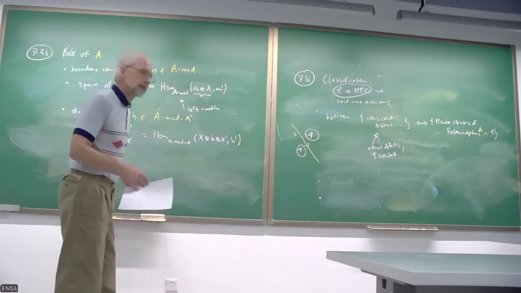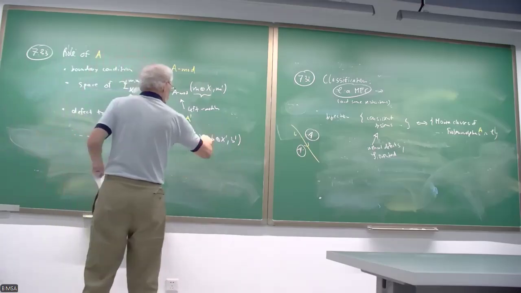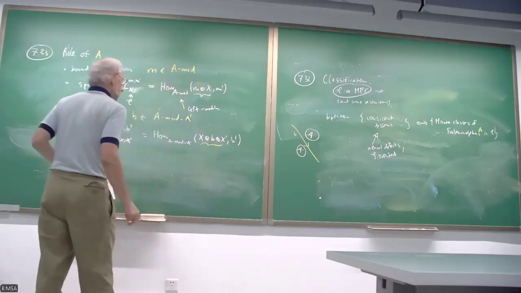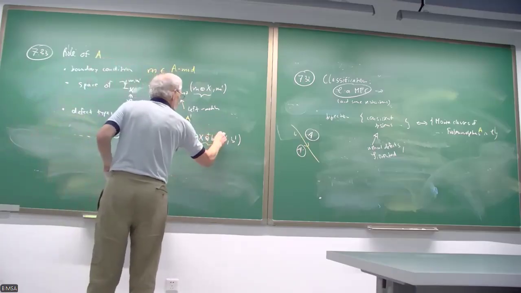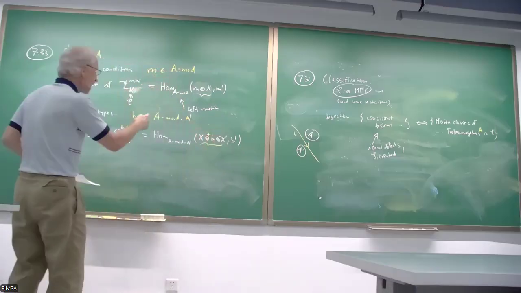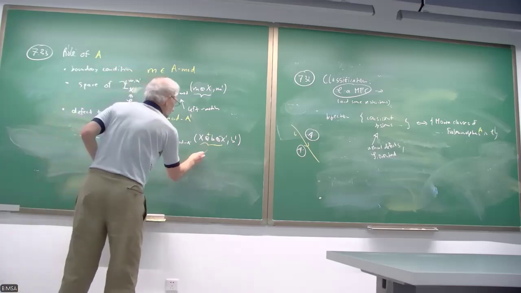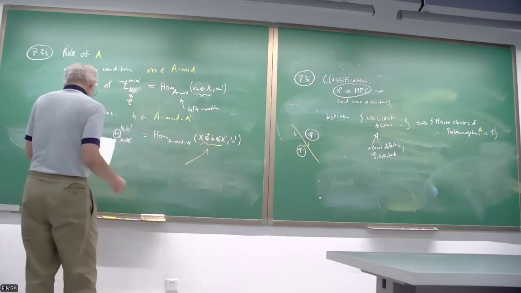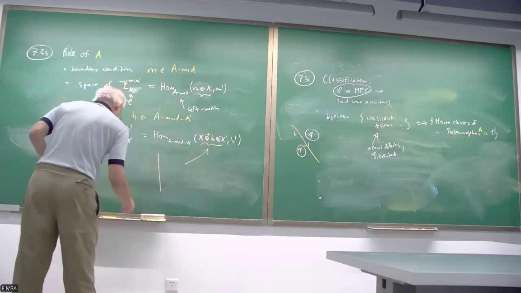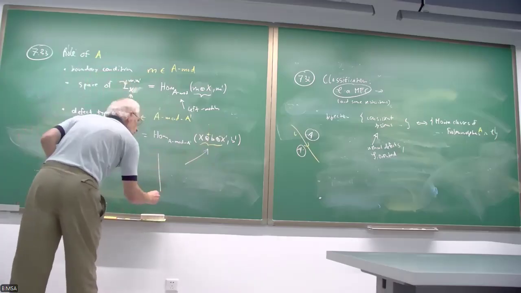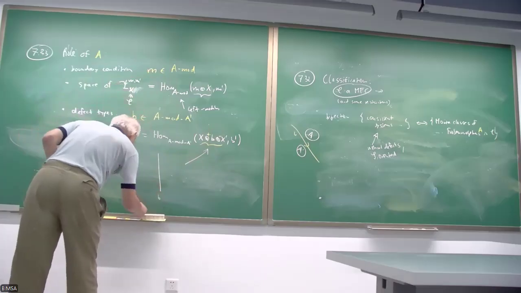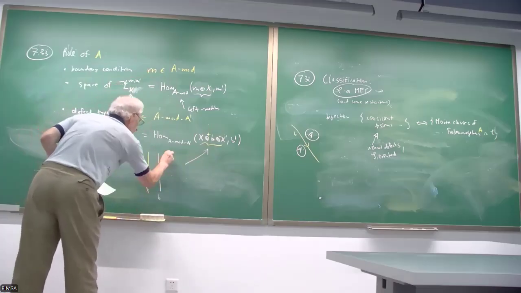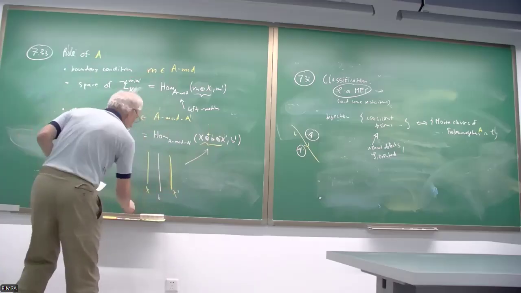What I need now is to make this object in C here into a bimodule, A prime bimodule, and I do this in the following way, indicated by this plus and minus here, that graphically I have say B here, X and X prime here.